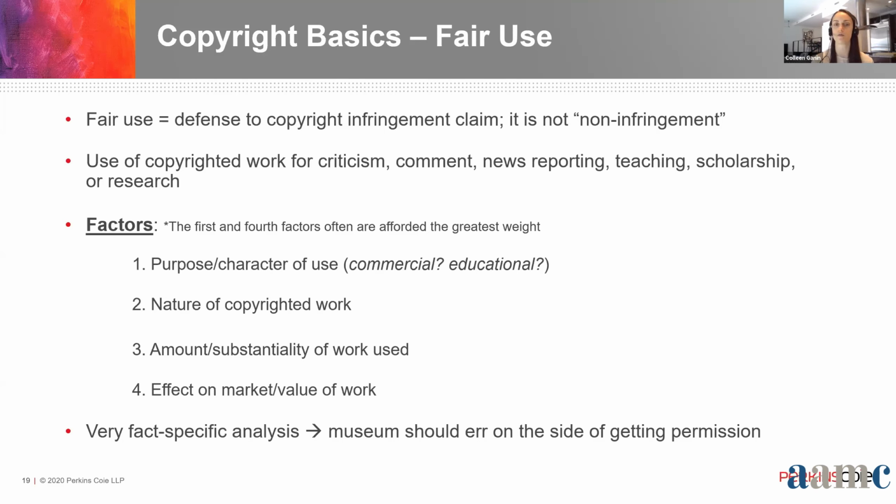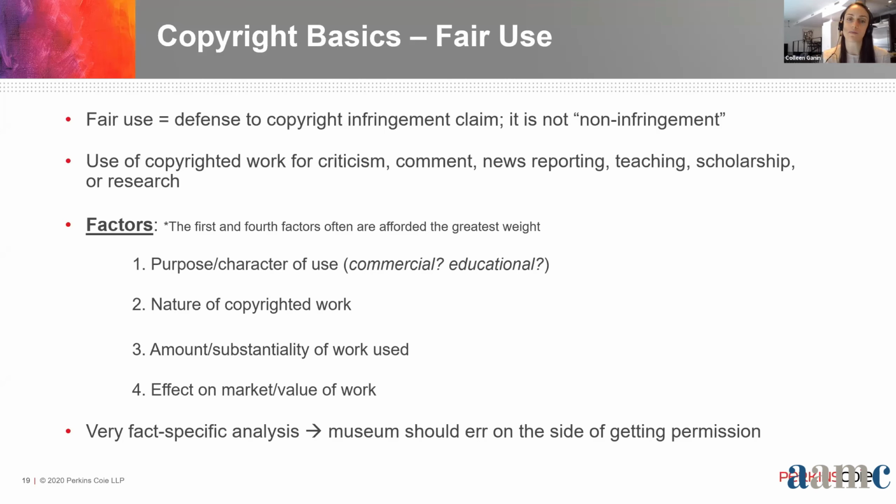So in evaluating whether a use is quote unquote fair, courts consider 4 primary factors. The first is the purpose and character of the use. That would be, is it educational? Is it commercial in nature? Is it a parody? Is it criticizing the work? The second is the nature of the copyrighted work. The more creative the work, the more likely this factor will weigh against fair use.